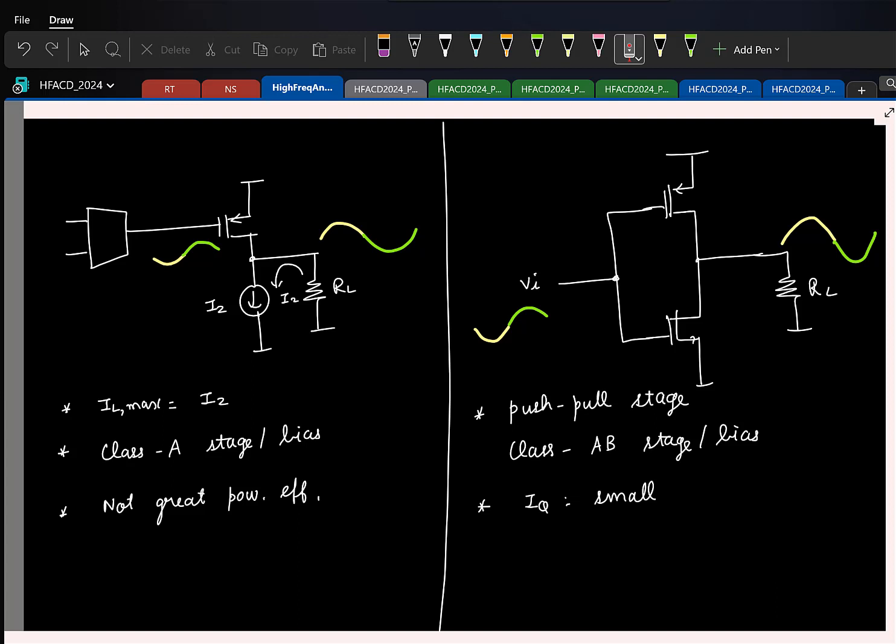So that's why typically it is okay, as long as the gain is higher. Non-linearity is an issue here, but with negative feedback it is fine. And as we saw, the output can reach 0 on one end, VDD on the other end. This is what we typically call rail to rail swing.